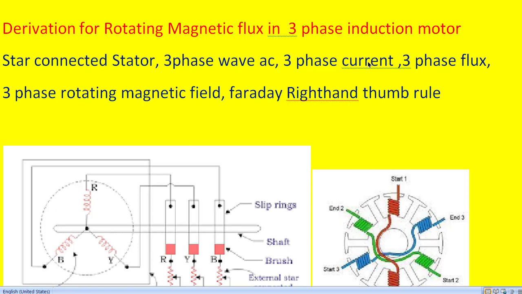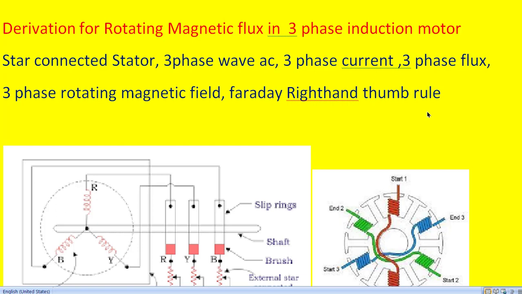And also we have seen how that resultant flux rotates. And we have seen that the resultant flux is always a constant magnitude, equal to 1.5 times the maximum flux in each phase.